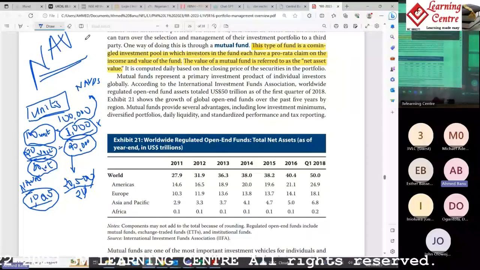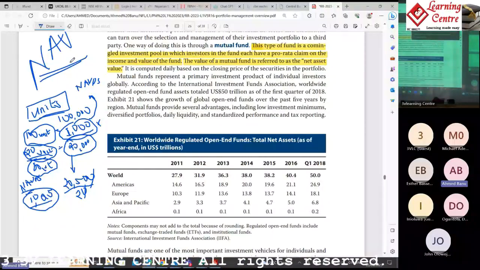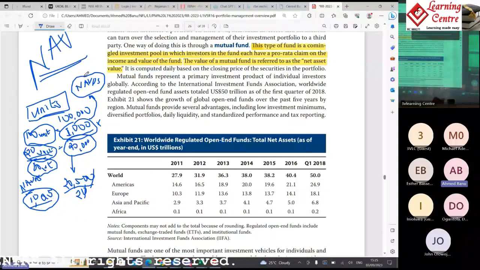Dividing the NAV at the end of the day by the total number of units gives you your NAV per share for that particular day. That NAV per share is applicable to investors the next day, until the portfolio is valued again at 4 p.m. the next day, where the NAV per share of that mutual fund now changes.